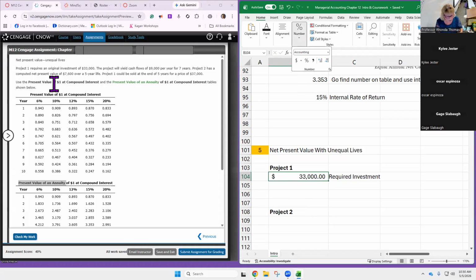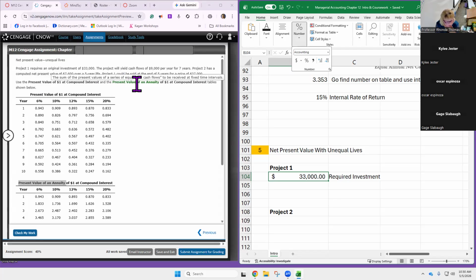Okay, the other one, project 2. Project 2 will yield cash flows of $9,000 per year for 7 years. Project 2 has a computed net present value of $7,600 over a 5-year life.